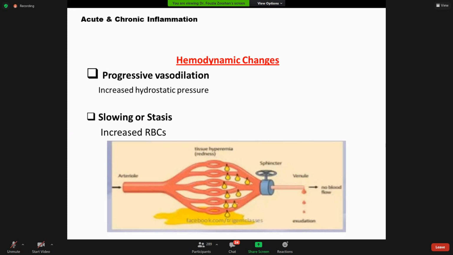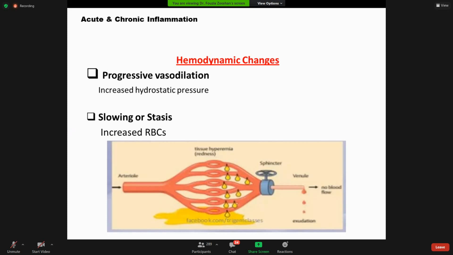Then due to the vasodilation, it eventually leads to an increase in permeability, and all the proteins and all the WBCs leave the vessels and enter into the extracellular spaces. So what we have inside the vessels are RBCs.